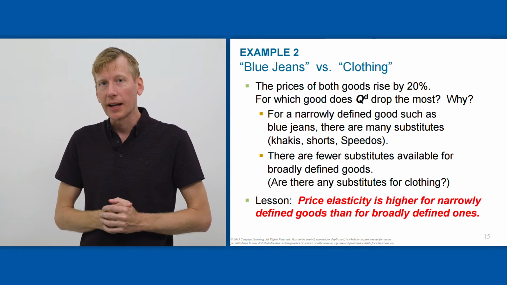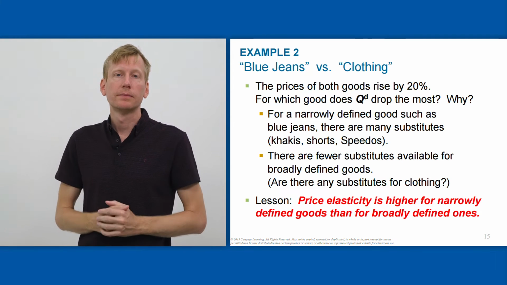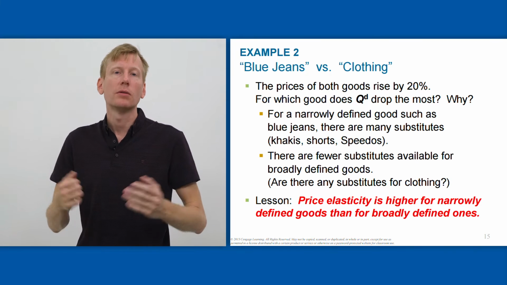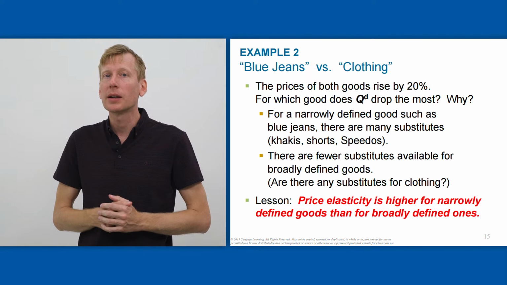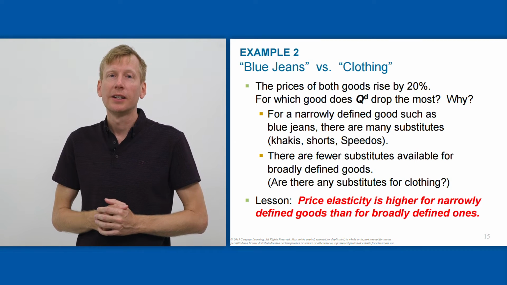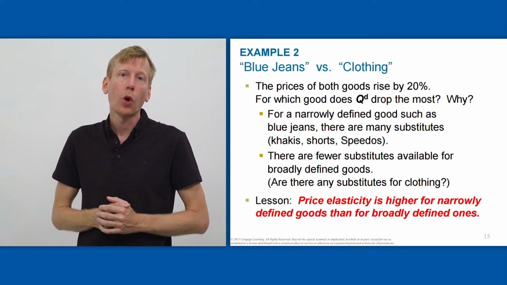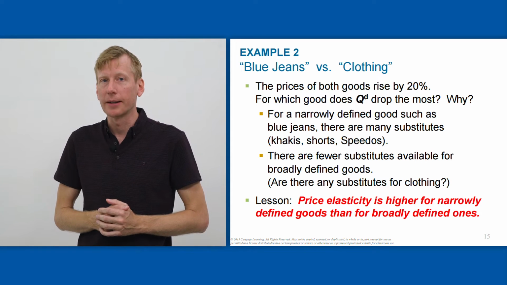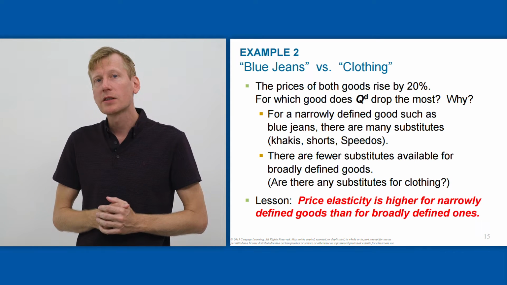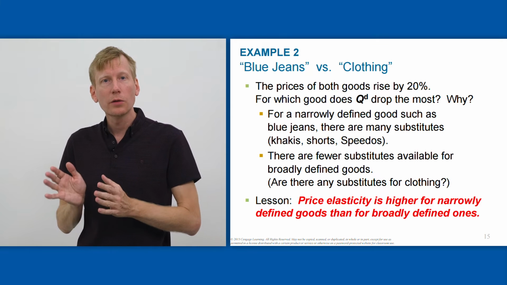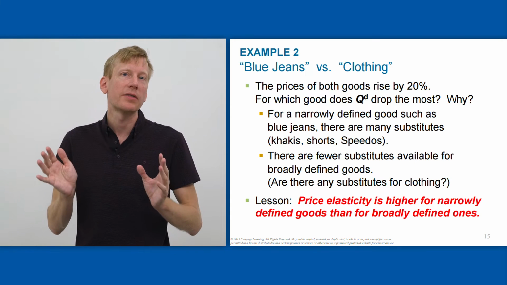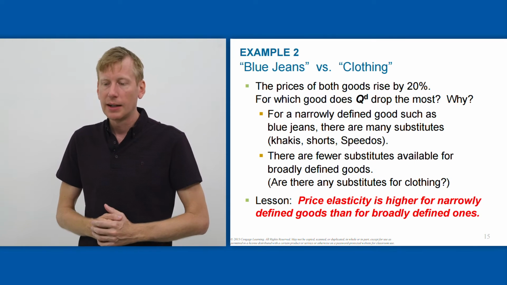Our next pair of goods would be, on the one hand, blue jeans, and on the other hand, clothing. Which of these two goods would you expect to have a higher price elasticity of demand? Which would you expect to have a lower price elasticity of demand? Well, this is directly related to the conclusion that we draw from the comparison of breakfast cereal versus sunscreen.